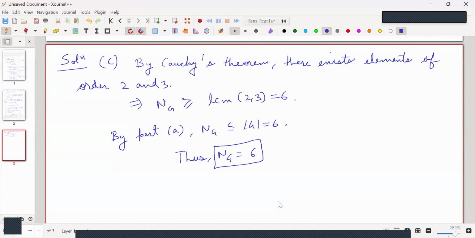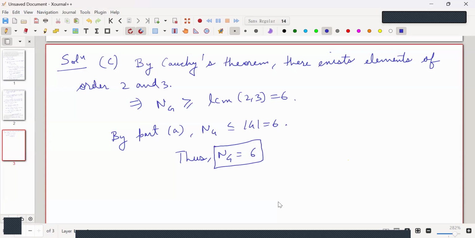So there are just two choices for groups of order 6. One is the abelian case, that turns out to be cyclic as well. So that is Z6, and the other is the non-abelian case, which is S3, and that is also isomorphic to D3 or D6, whatever notation you write.